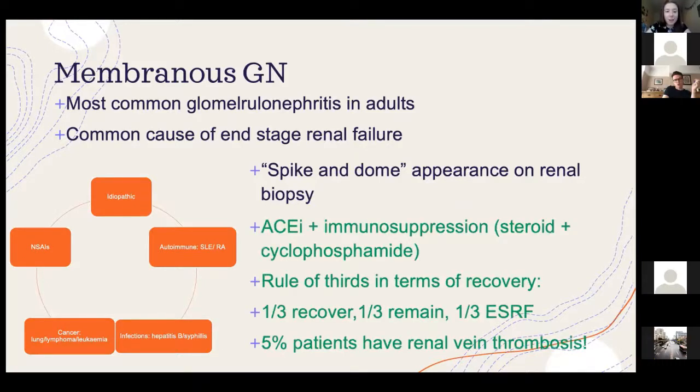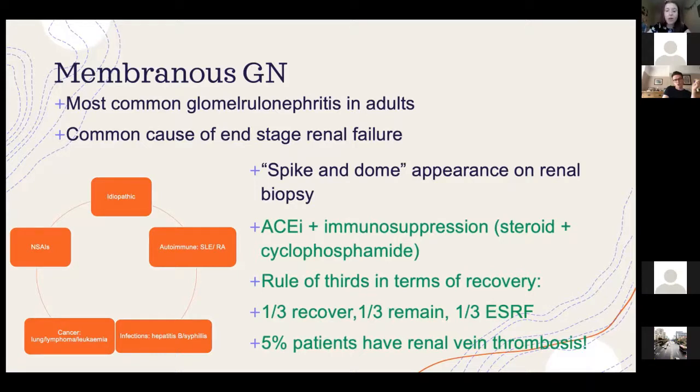So again, typical management as per the usual management for nephrotic syndromes, you want to give them an ACE inhibitor and possibly some immunosuppression like a steroid and cyclophosphamide if it's quite a severe case. But this has quite a variable outlook, so it's the rule of thirds.